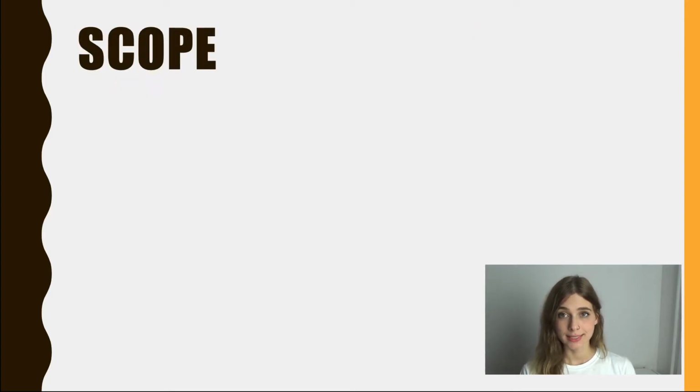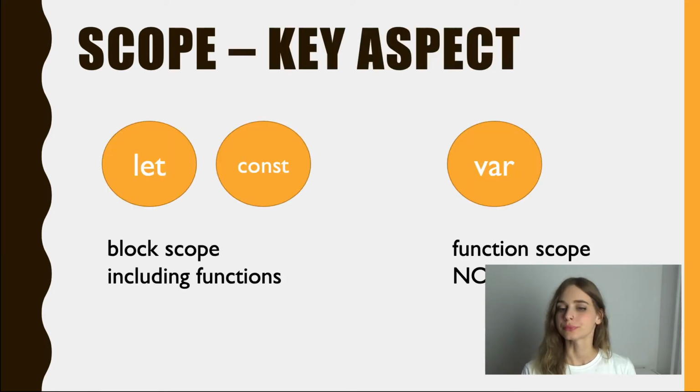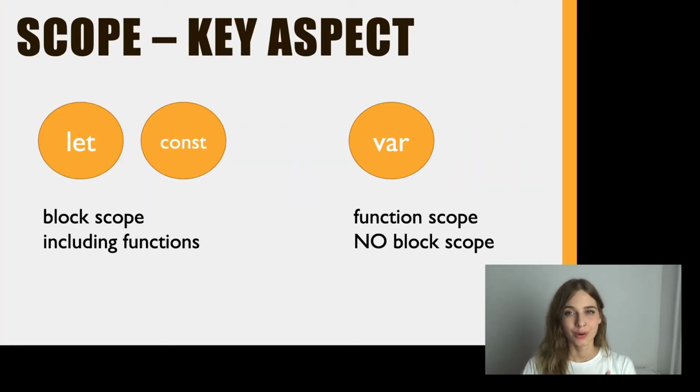The first key aspect of why it's important to know how they differ from each other is the scope. It's been mentioned before, we talked about scope. We have var on one hand, which has a function scope, and it doesn't include block scope. On the other hand, we have let and const, and these respect the block scope.